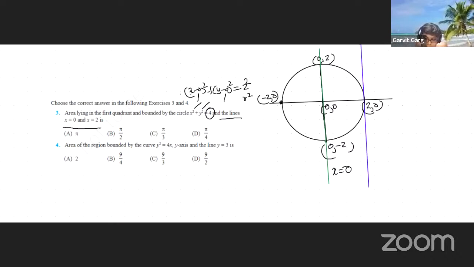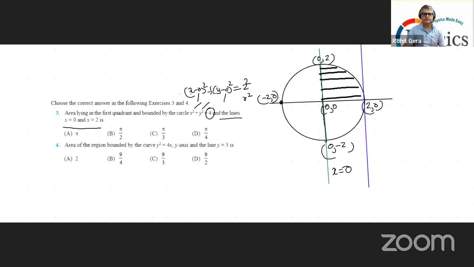So if you notice the area which they're referring to, which is bounded by these lines, let's highlight that. So I think he's referring to only this area, the area bounded by the circle and the lines x is equal to 0.